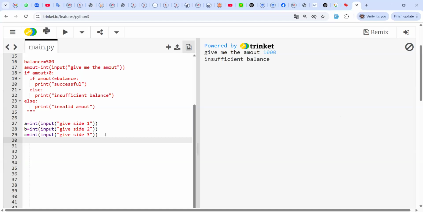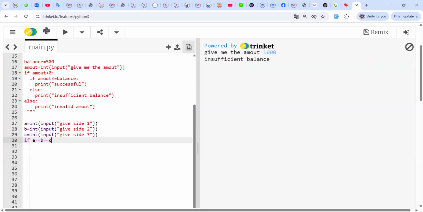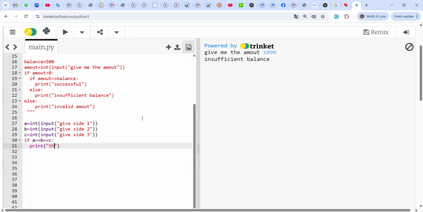We are going to say if A is equal to B is equal to C. We can type it this way, A is equal to B equal to C. That means we're going to say this triangle is equilateral.